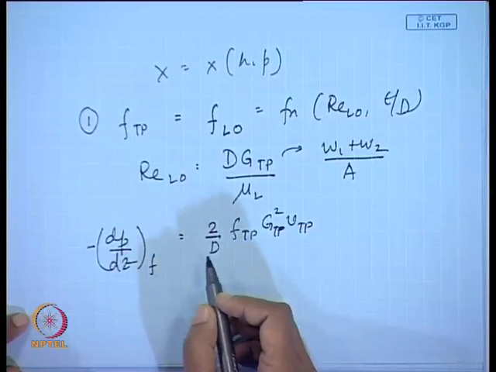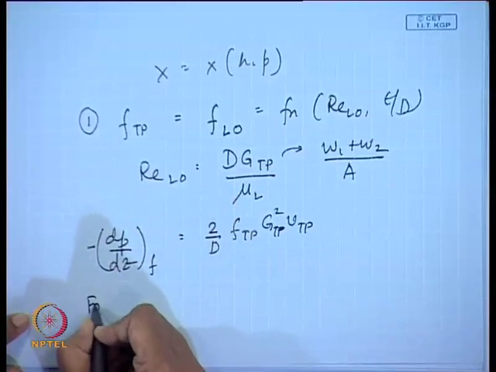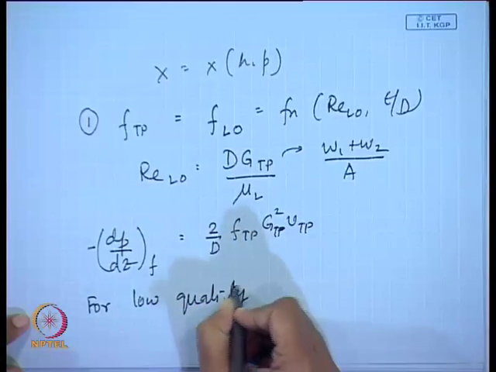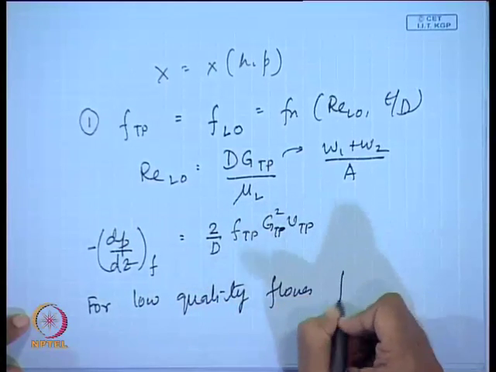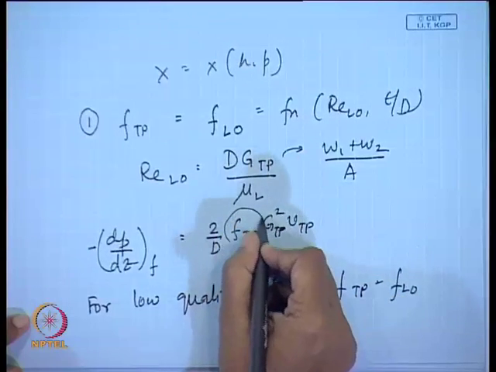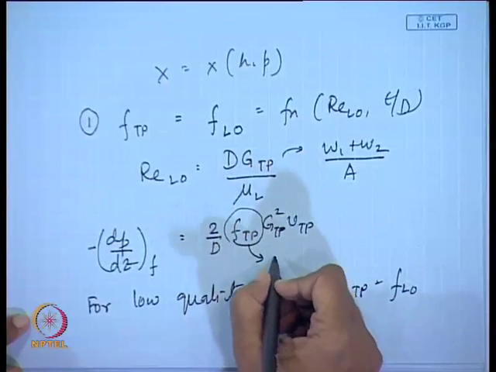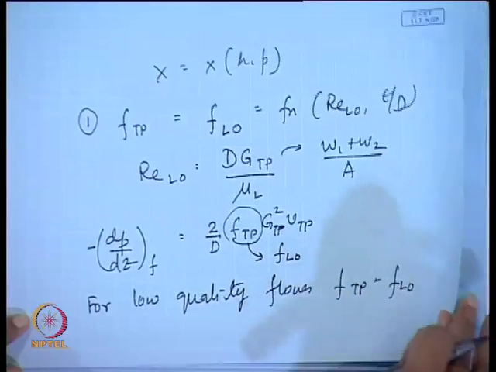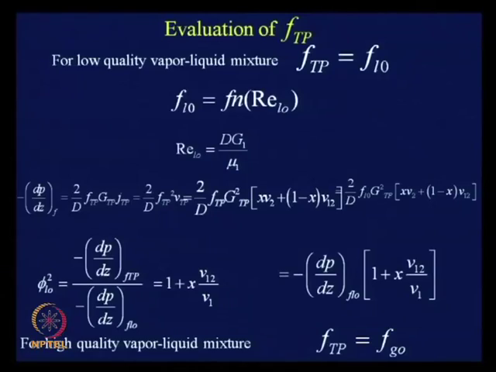Okay. Now, for low quality flows, what we have assumed? We have assumed that FTP equals FLO. So, instead of this particular FTP, we can substitute it with FLO. Under that circumstance, what do we get?